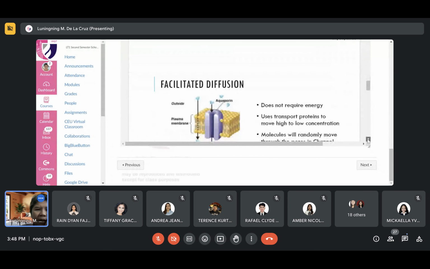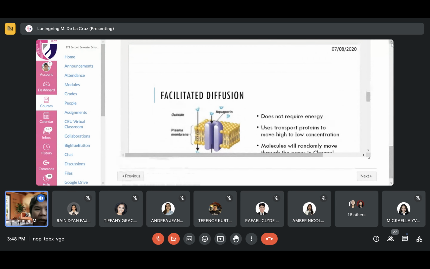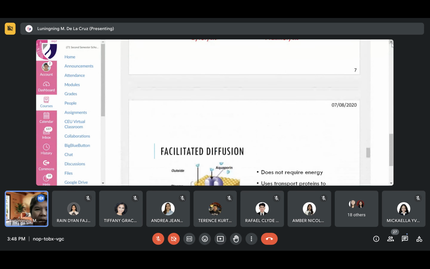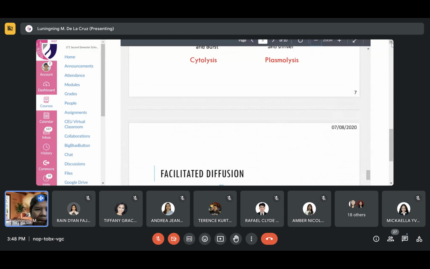So, after knowing osmosis, the different kinds of solution, isotonic, hypotonic, hypertonic, and the movement of water in a hypotonic and hypertonic solution that leads to cytolysis and plasmolysis, we will now go to facilitated diffusion.